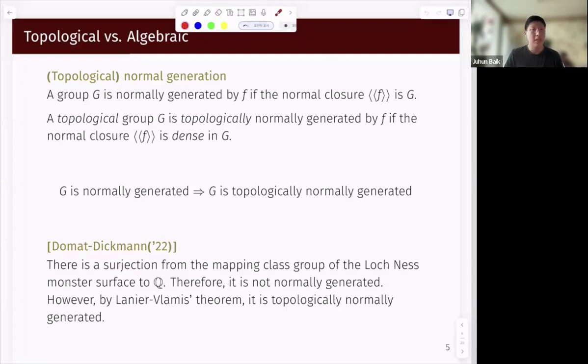But the Loch Ness monster is in fact a uniquely self-similar surface. So just invoking the Lanier theorem, it is topologically normally generated. So the normally generated condition is a little bit more strict.